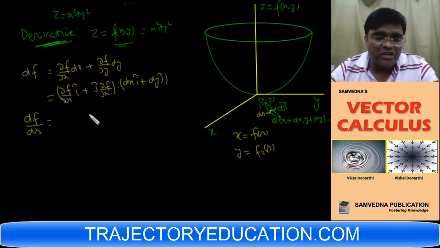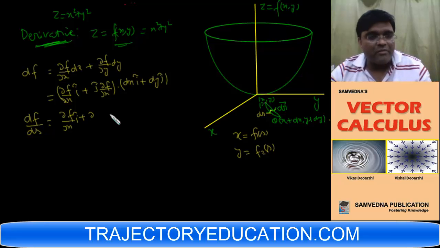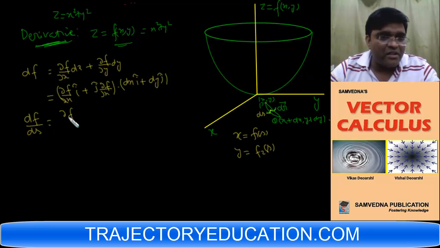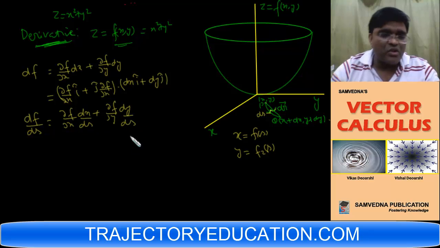I can write this df as df by ds. As I move from p to q and cover this distance ds, this can be written as dou f by dou x dx by ds plus dou f by dou y dy by ds.